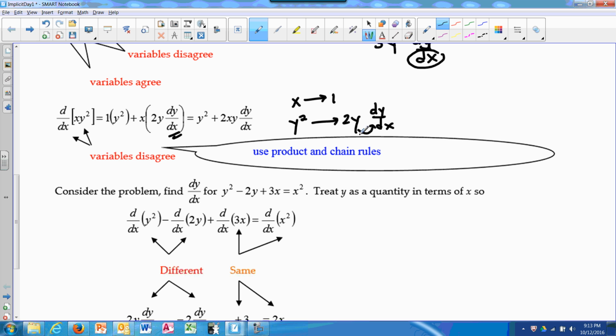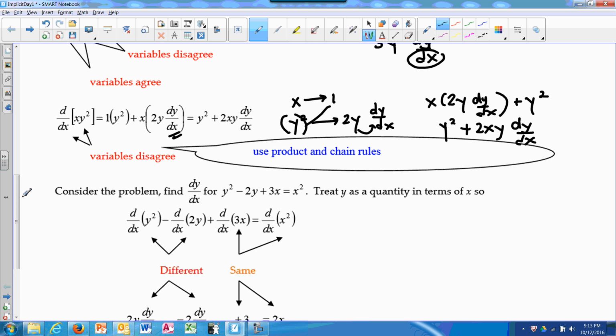So we're doing that derivative of the inside whether we realize it or not. So then our product rule says we multiply the x times the opposite derivative, and we multiply the y squared times his opposite derivative, which happens to be 1. So this simplifies out as y squared plus 2xy dy dx.